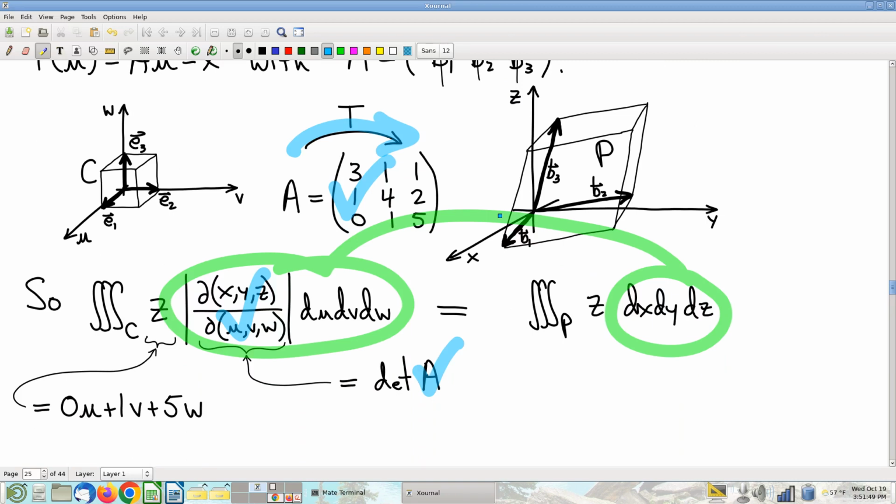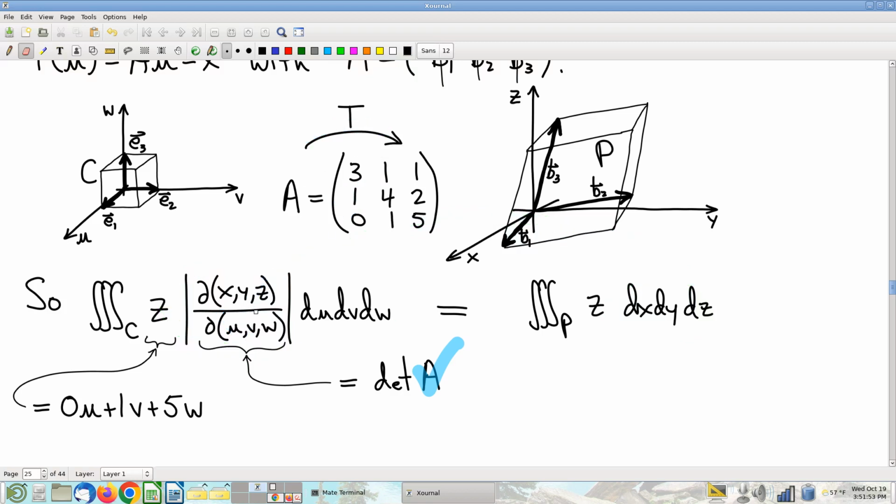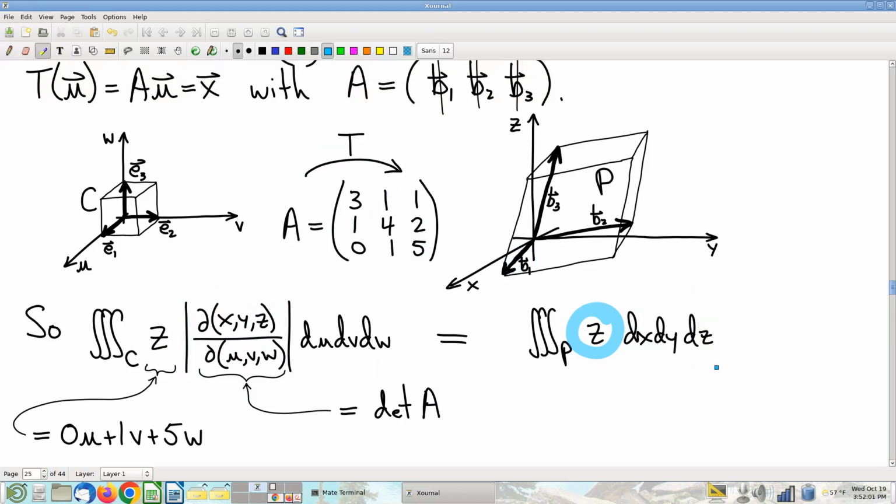I guess there's one last little detail. Technically, the integral that I was asked to compute, you see, is an integral of z. Got to figure out what z is. Well, don't forget, z is the third output from our linear transformation. I can see the outputs of my linear transformation. Right, there's my linear transformation. The third output is the third.